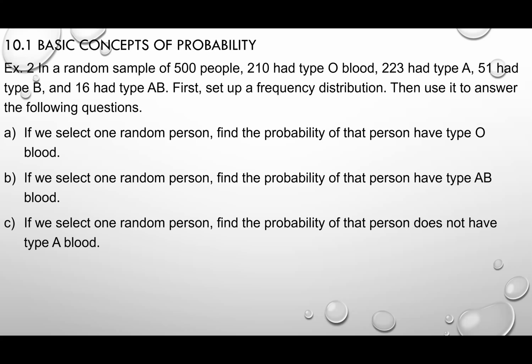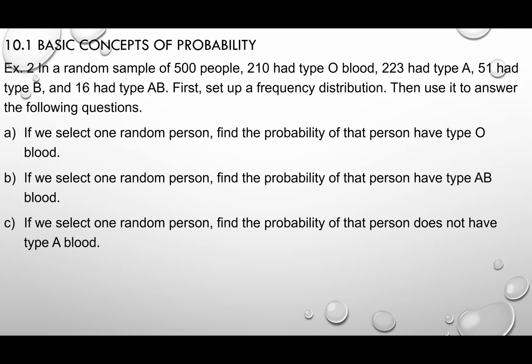Okay, and that's the difference. But let's take a look at this thing here, and this is what they ask you: in a random sample of 500 people, so we know that we asked 500 people, 210 of them have type O blood, 223 have type A, 51 have type B, and 16 have AB.